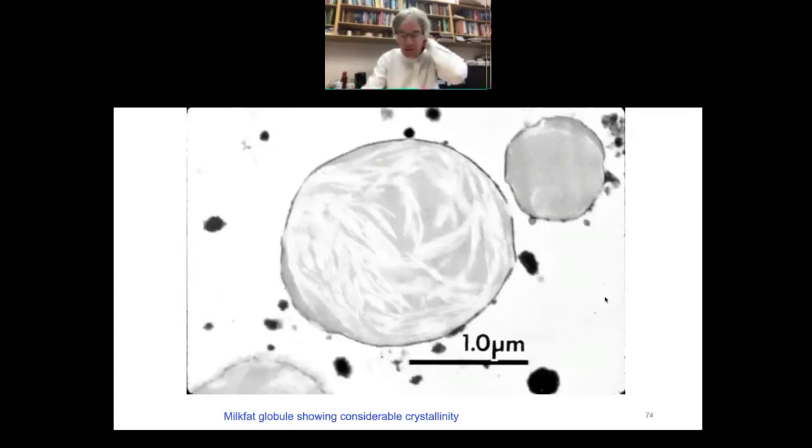So the key to partial coalescence is temperature and the composition of the triglyceride such that you get roughly 70% of the triglycerides in the crystalline state, but you still have some liquid oil, and that liquid oil is going to help create that cementing agent to hold the globules together, but the crystalline phase maintains their shape and identity.